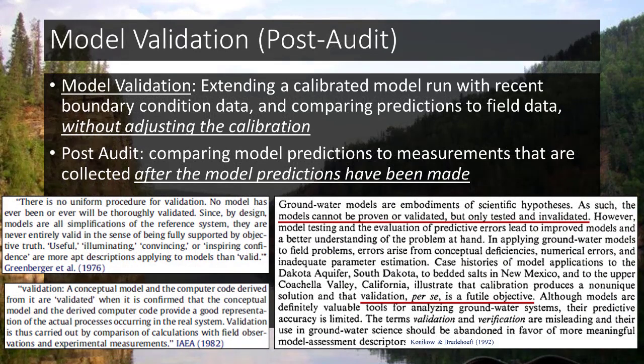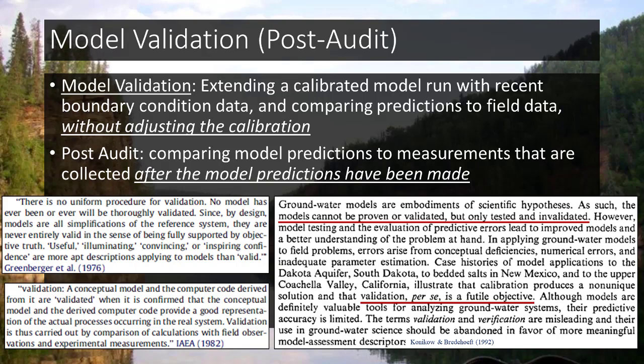Okay, so model validation. There's some interesting commentary around this one. Really, this is an argument that goes back about 30 years about whether or not you can truly validate a model. And it also goes back to the discussion around Karl Popper's White Swans. If you have a model, in this case they're talking about a groundwater model, can you actually prove it?